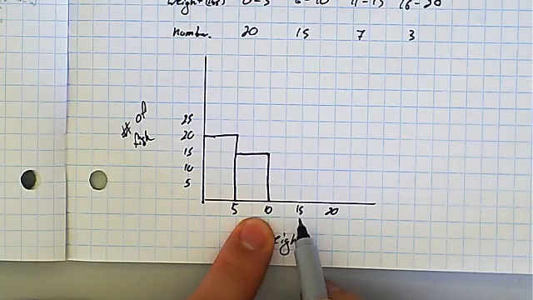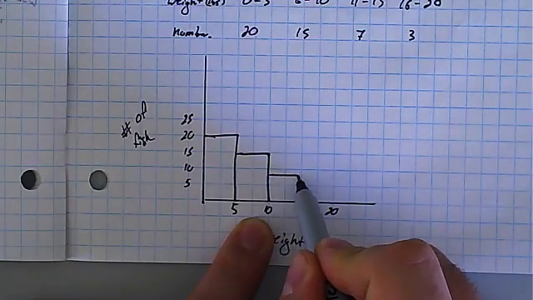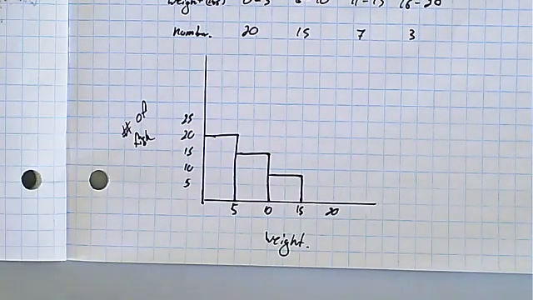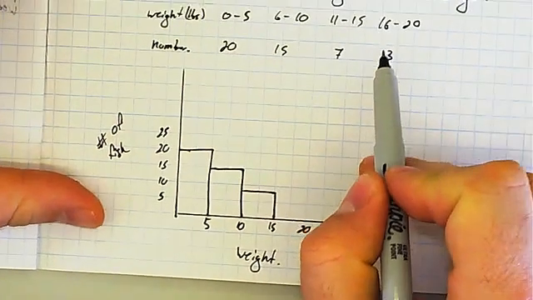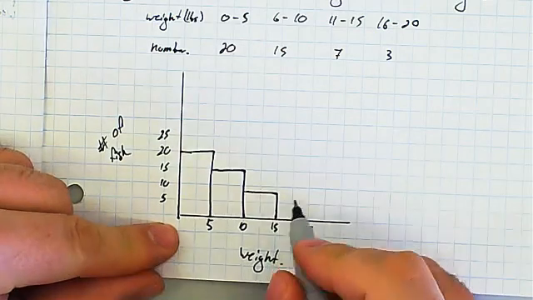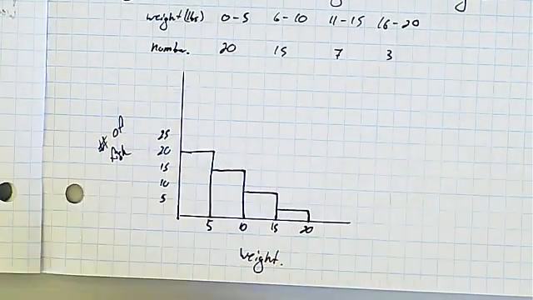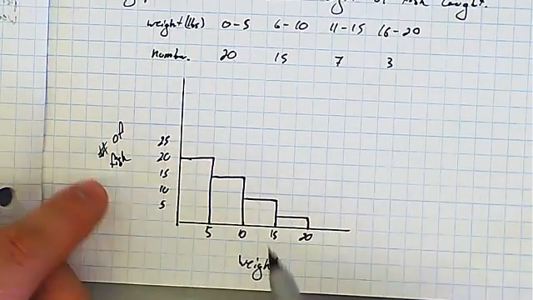Between 11 to 15, or 10 to 15, there were 7 fish caught. My light's turned off. There you go. And between 16 to 20, there were 3 fish caught. So that's our little histogram right there.